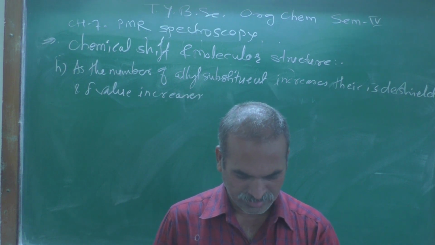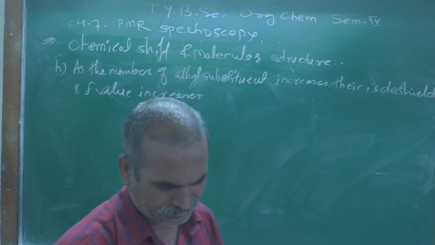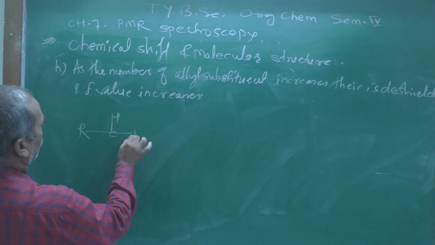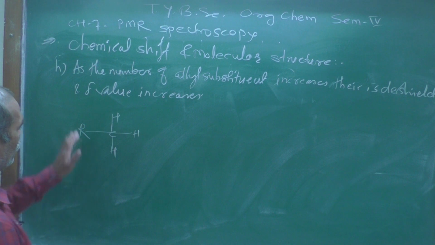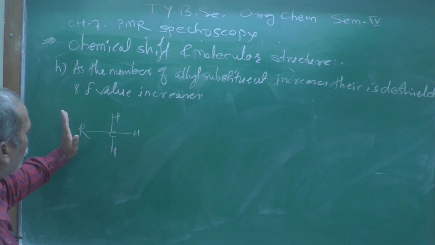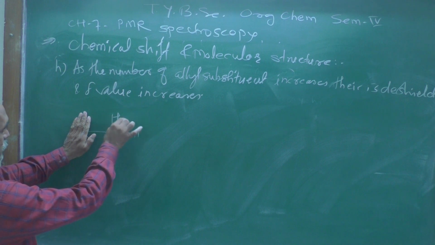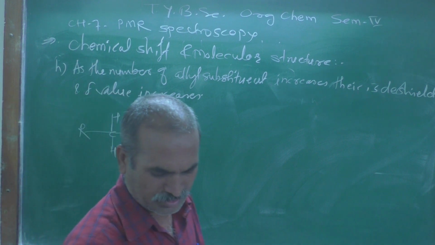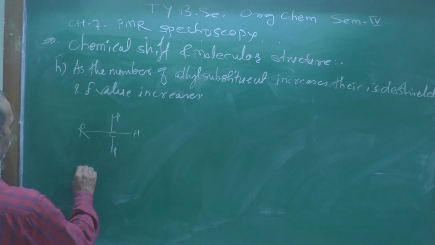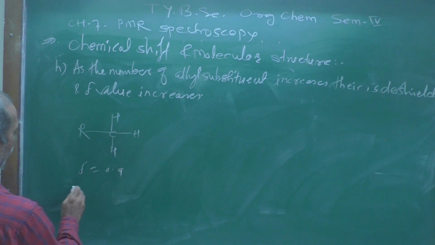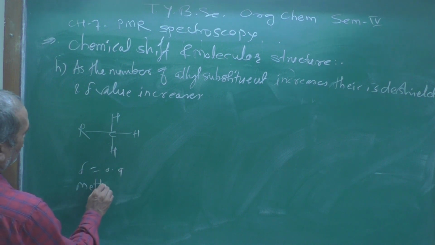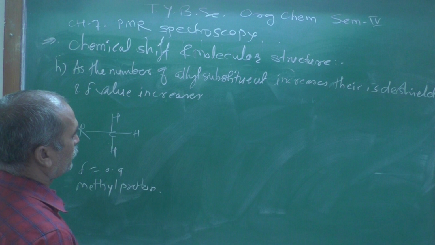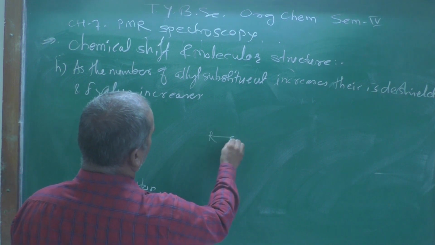Now let's see the example. You see here R-CH3. R may be an alkyl group or aryl group, but just remember these are the 3 hydrogen atoms, and the delta value appears around 0.9, that is a methyl proton. Now let us see another one, R-CH2-R.